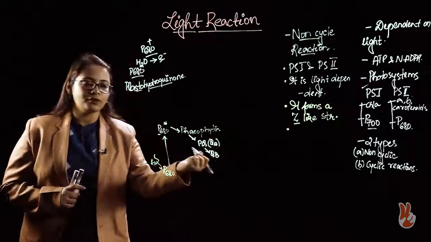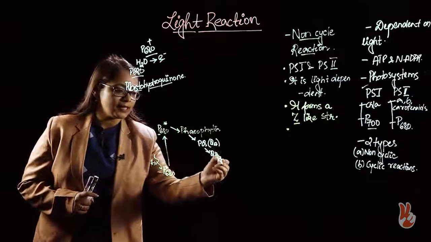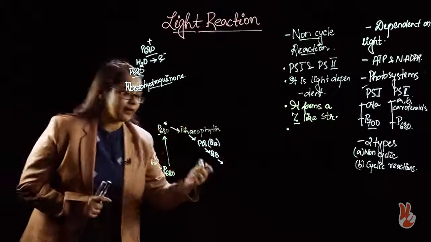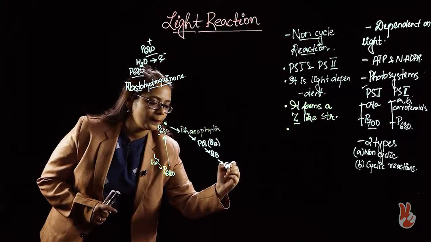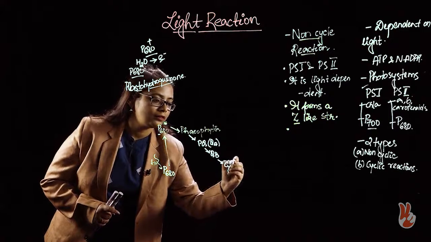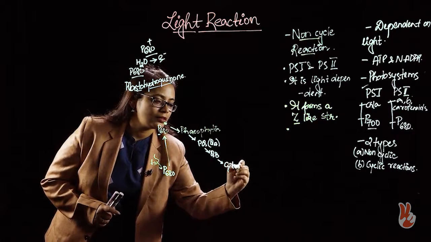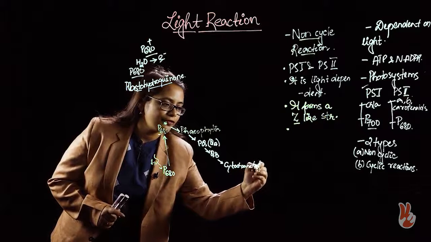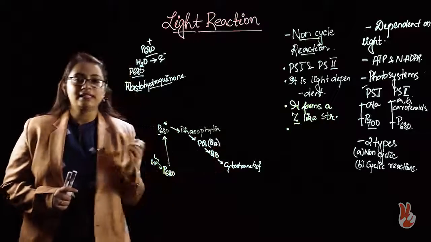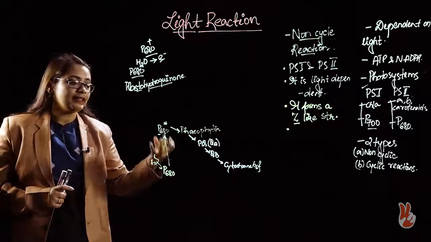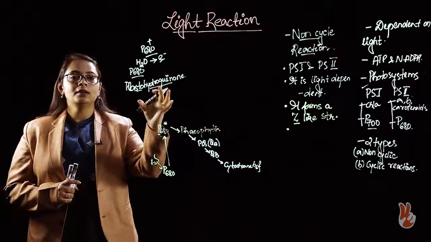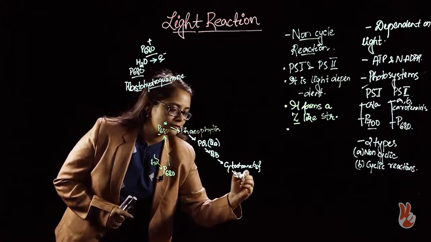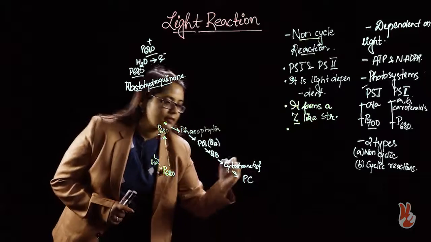Next, the plastohydroquinone will split and in turn release an electron which will be accepted by cytochrome B6F. Cytochrome B6F is a complex which will accept the electron from the plastohydroquinone, followed by plastocyanine.